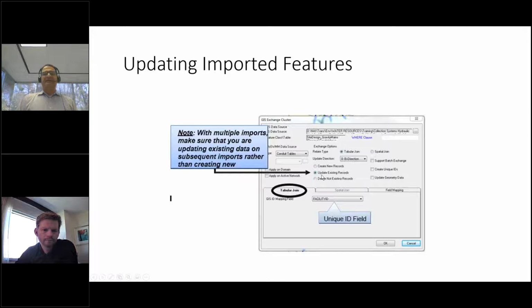So if you've already imported part of the database and some additional data was added to it, but the unique ID is still there, you get a new one from the owner of the data, then just note this reminder to update, to make sure you're updating existing data rather than overwriting something.